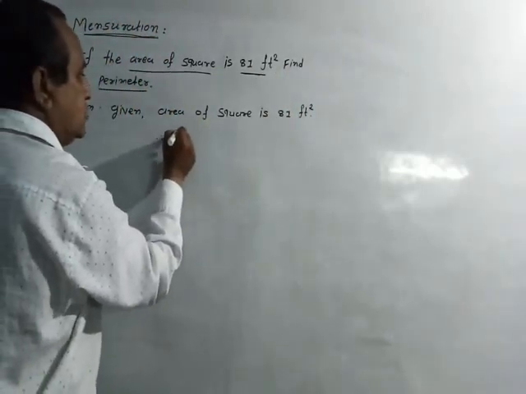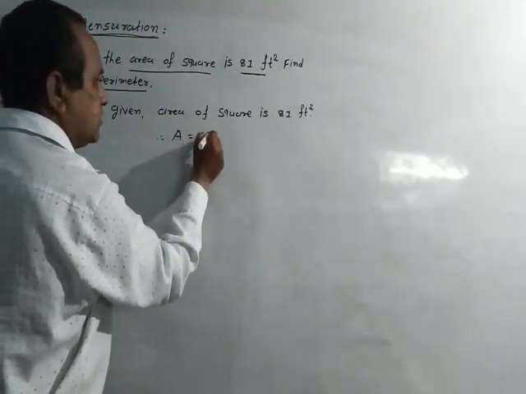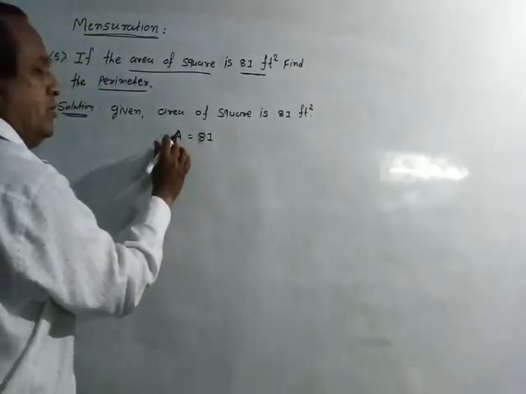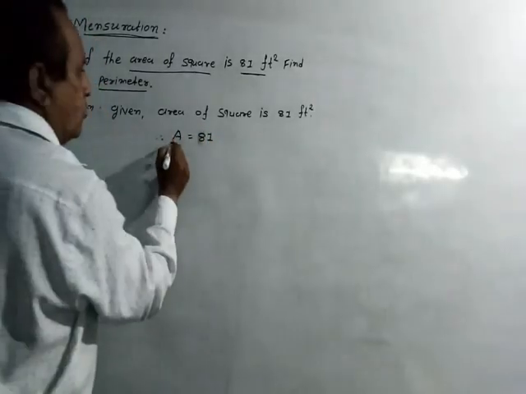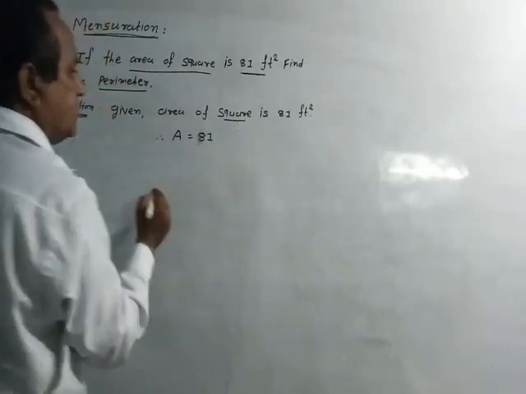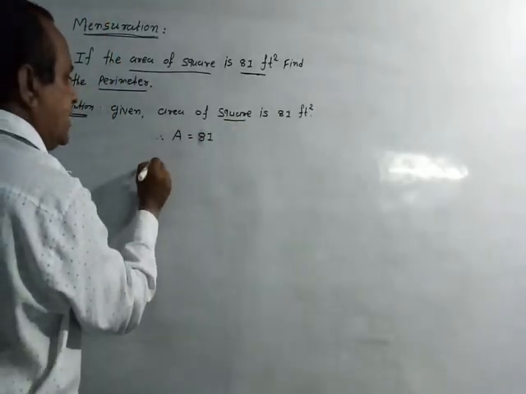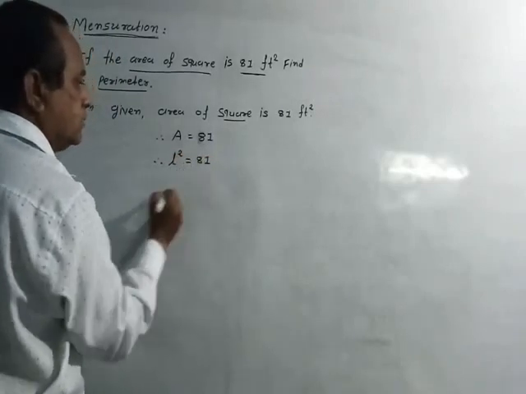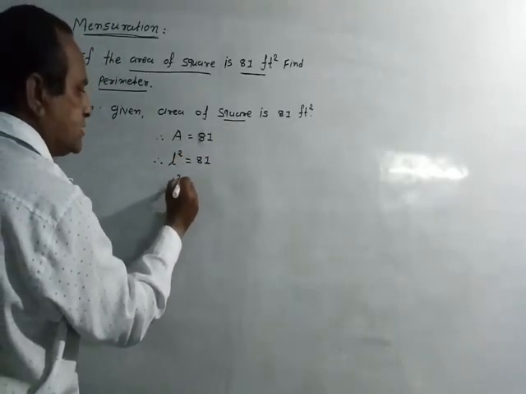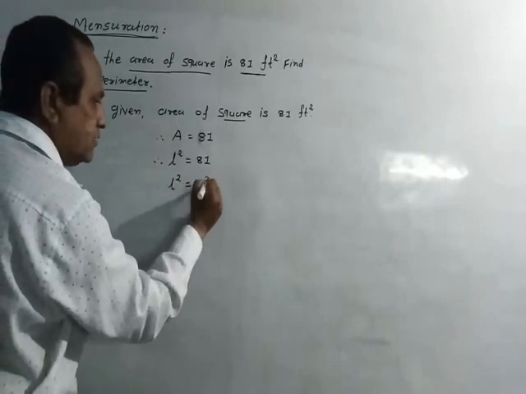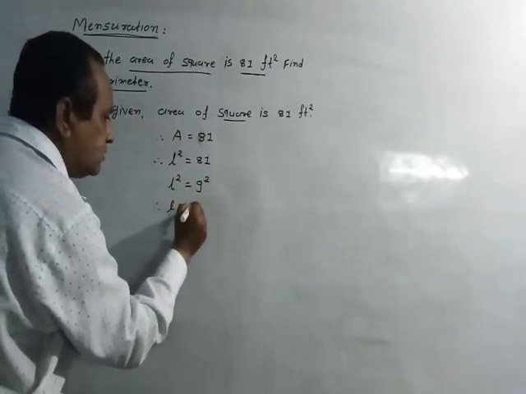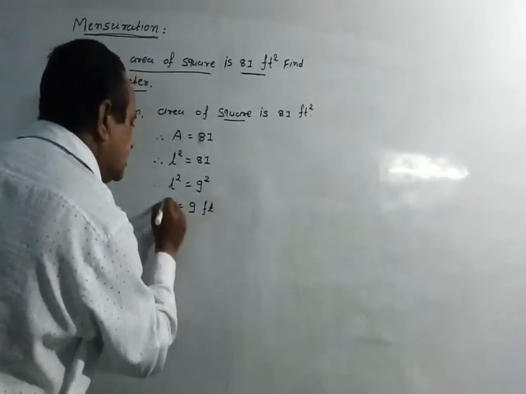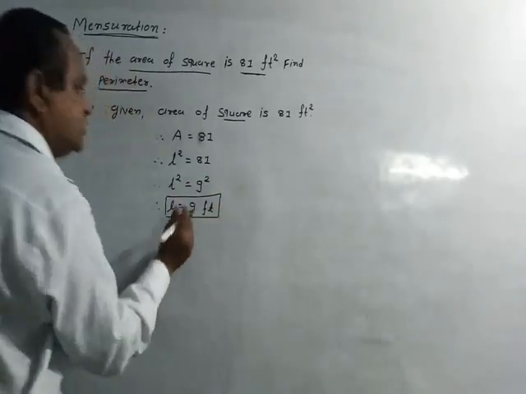So A is equal to 81 feet square. Now the formula of square area is, like side is L, then L square is equal to A, 81. So L square is 9 square, then L is 9 feet. The side of the square is 9 feet.